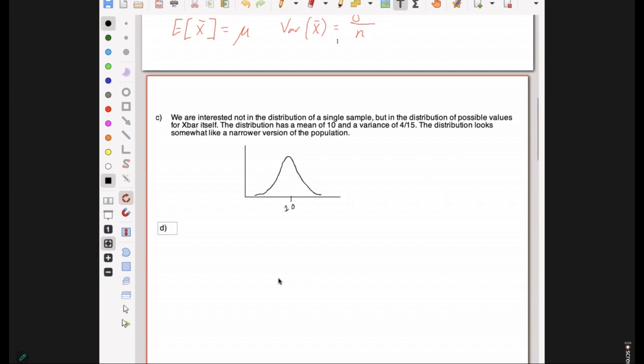So this one is the sampling distribution for X bar with n equals 15.